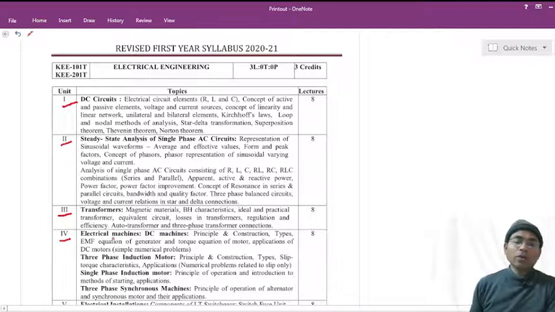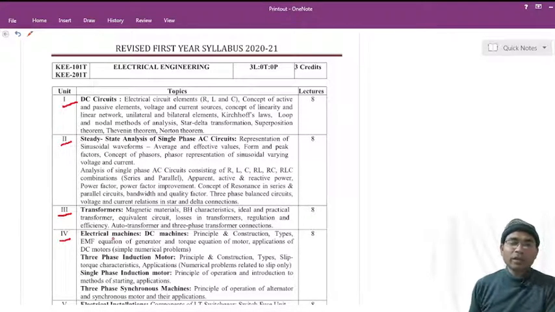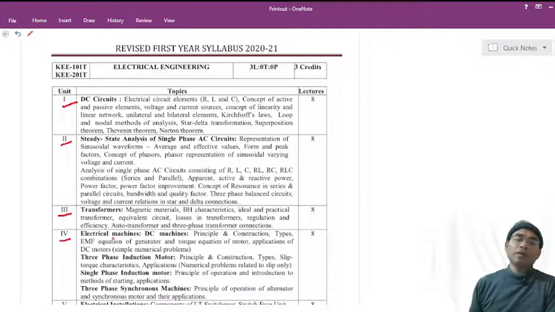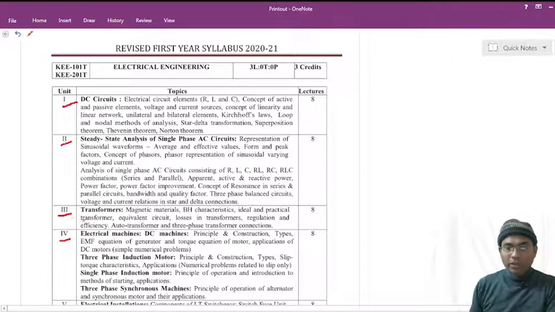We will not go so deep, not to a design or construction level, but we will learn the basic working principle of every machine. And the fifth part deals with some utilization of electrical devices.